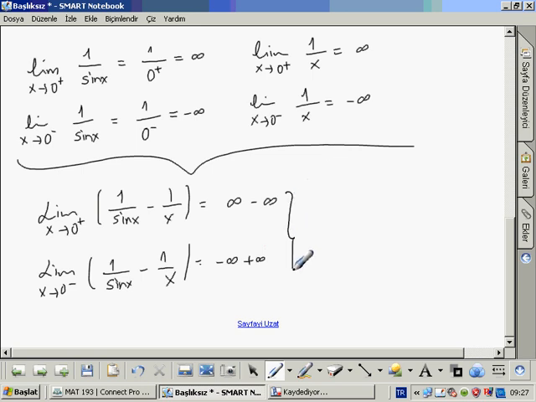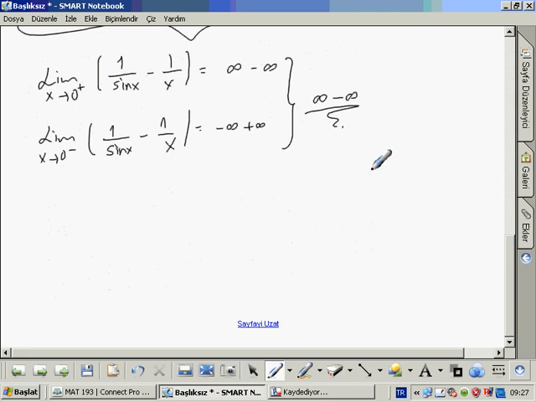From both sides, we have just evaluated infinity minus infinity totally. So we must convert this indeterminate form to 0 over 0 or infinity over infinity. Limit x equals to 0, and look at it.